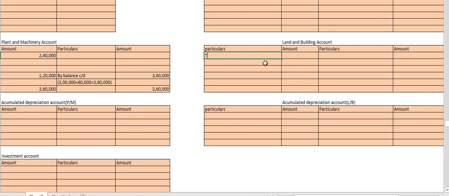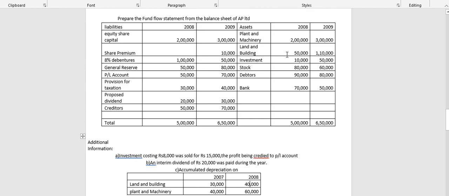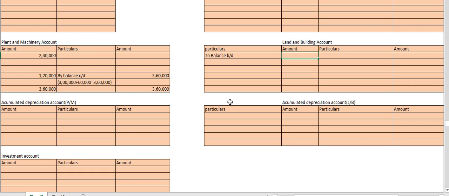So to balance brought down, it's a debit balance. The amount is 50,000 plus 30,000 accumulated depreciation, which is 80,000.